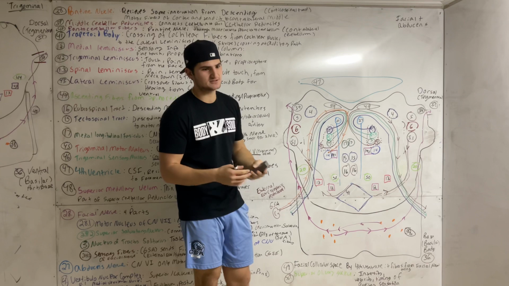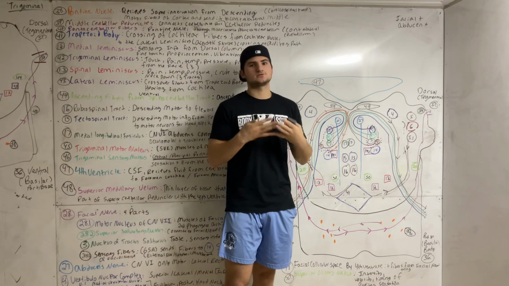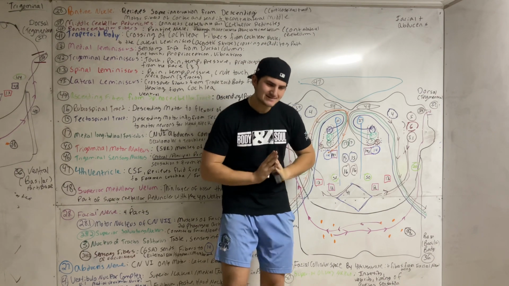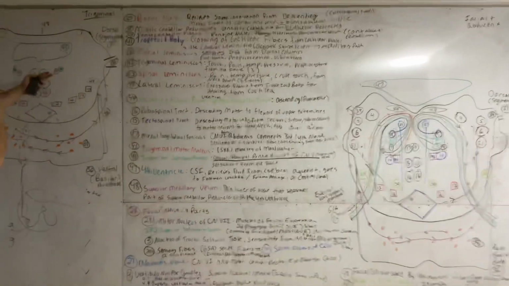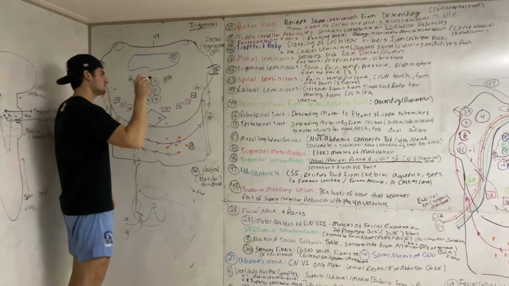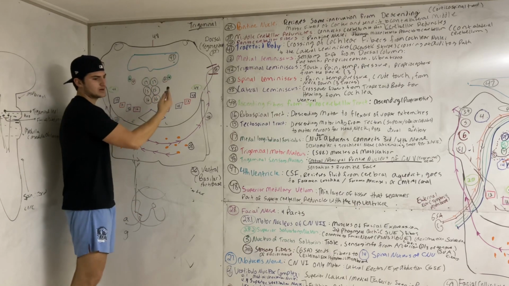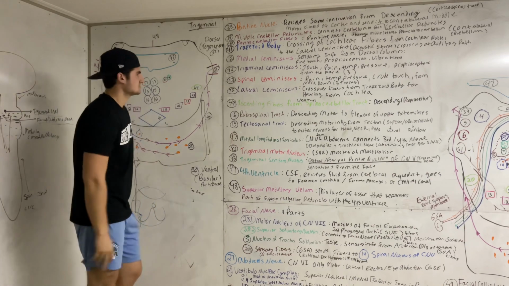We talked about the spinal tract, and it gets innervation from the V1, V2 branches of where? The trigeminal nerve. When these 3 branches pass through the trigeminal tract, they ascend upwards, and they form our trigeminal meniscus, which is located right here in the trigeminal region of our pons. This is why it's called the trigeminal region of the pons.